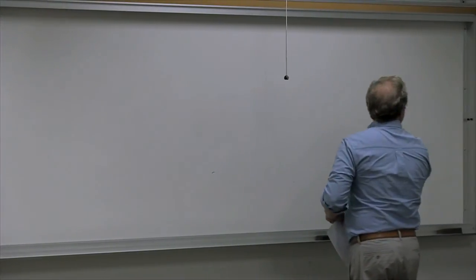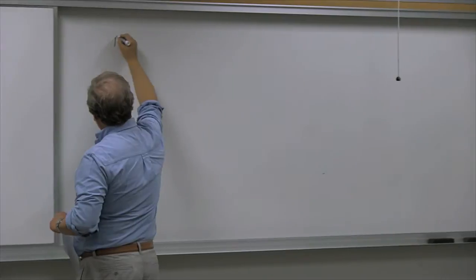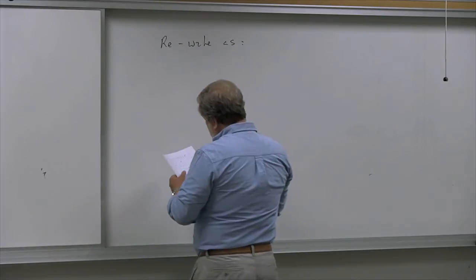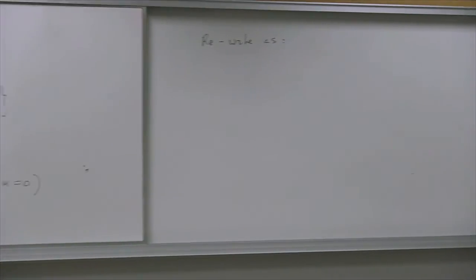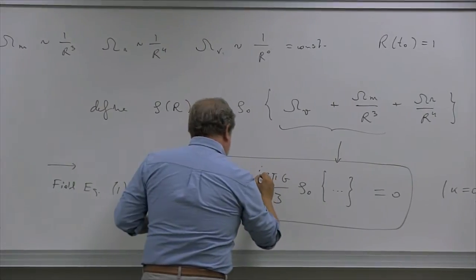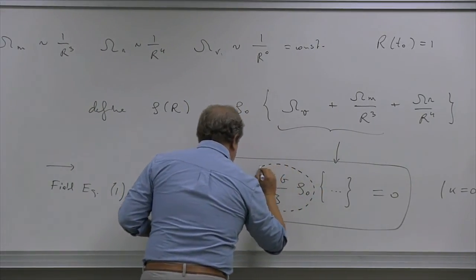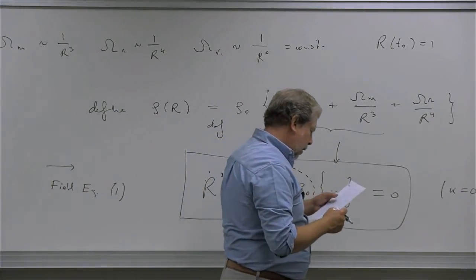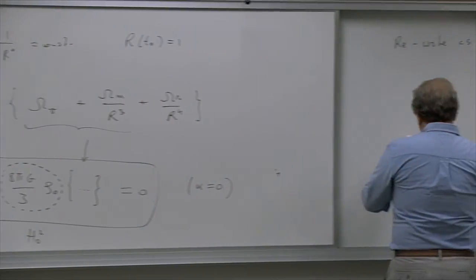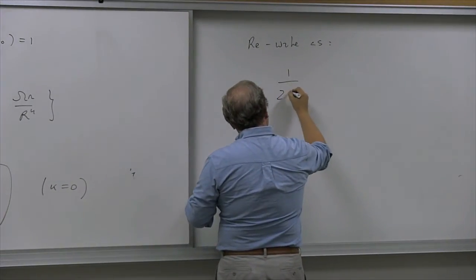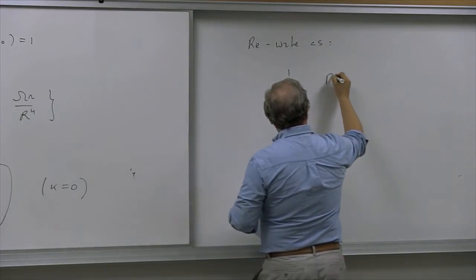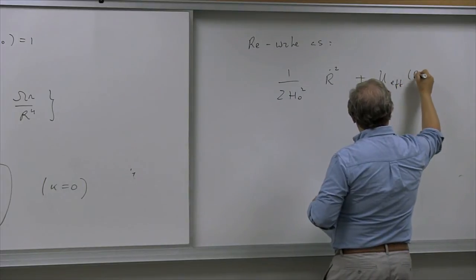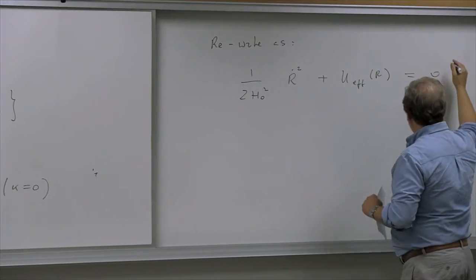That is, we can rewrite it. This part here is nothing but h naught squared. And this, by the way, is always evaluated at, so we can write this as 1 over 2 h naught squared times r dot squared plus some effective potential which depends on r, and that is equal to 0 because we've taken k to be 0.